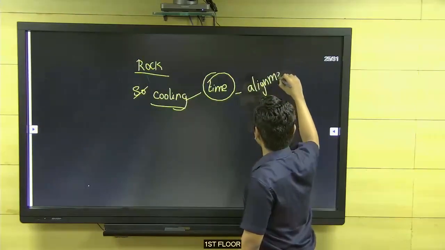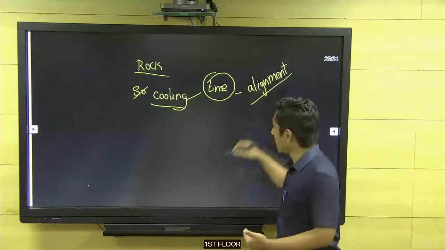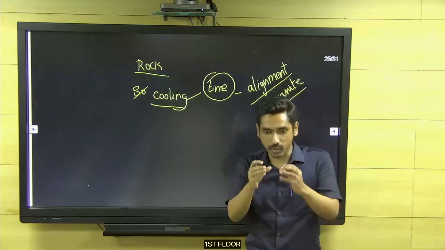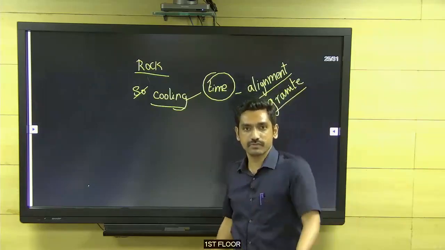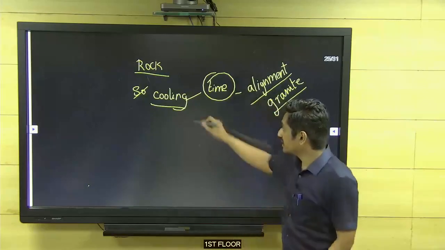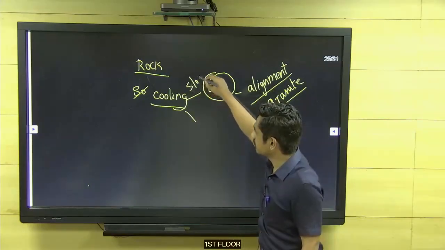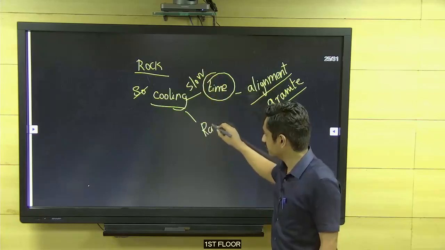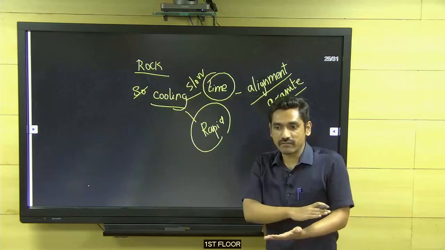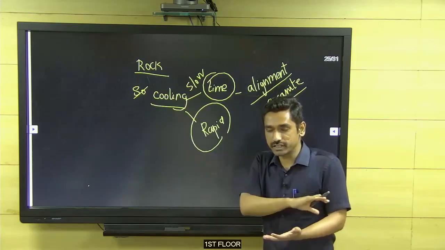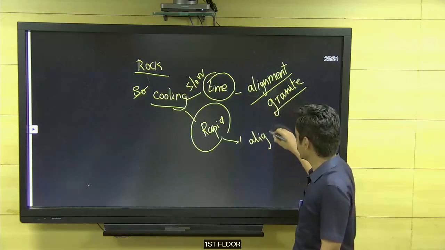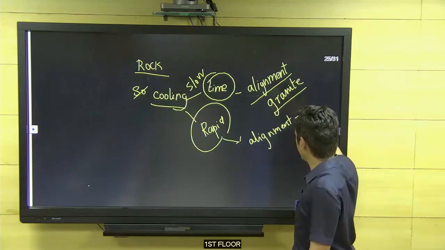So granite will have a proper grain structure. The sizes will be very properly developed, and as a geologist, if you look at the rock, you'll find proper grains. This is slow cooling. If your cooling is rapid, you're not providing enough time. That is why at times basalt will not have any crystal structure at all. It will just look plastic. The alignment is very poor. This is what you find in basalt.